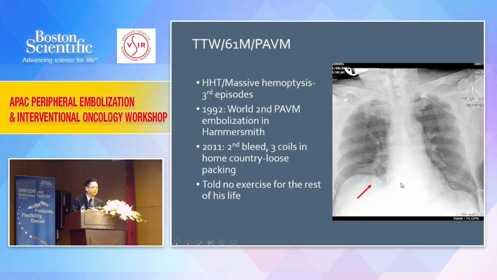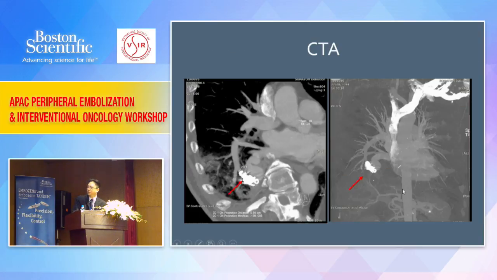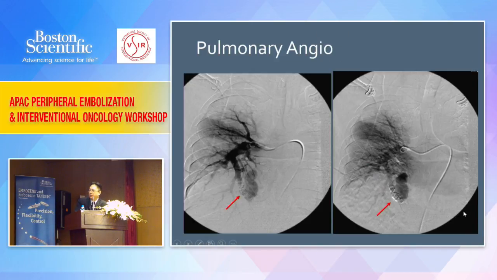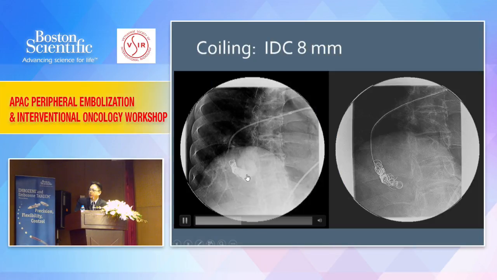So you can see, but here now you cannot see. But on the CTA you can see there's some coil there, right? And the AVM is still there. And these are some 3D illustrations of the coil. You can see the coil loop actually is quite loose, right?